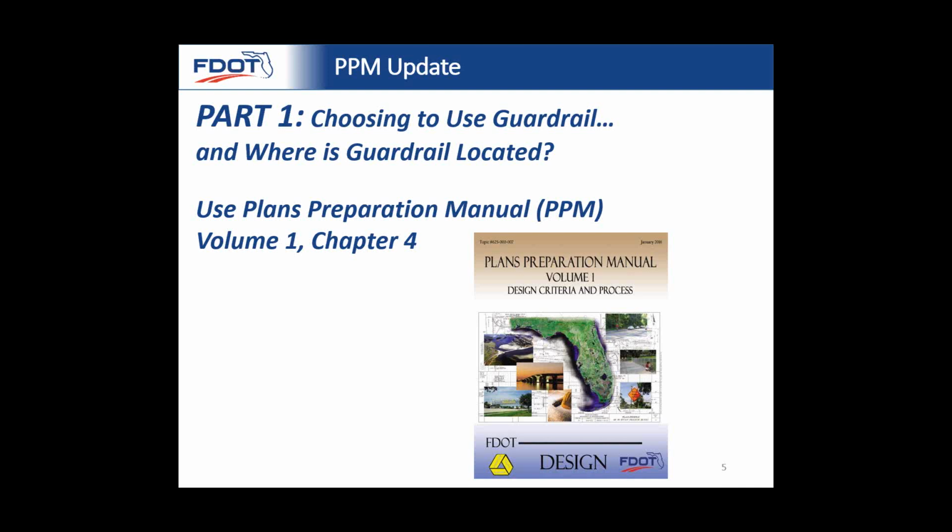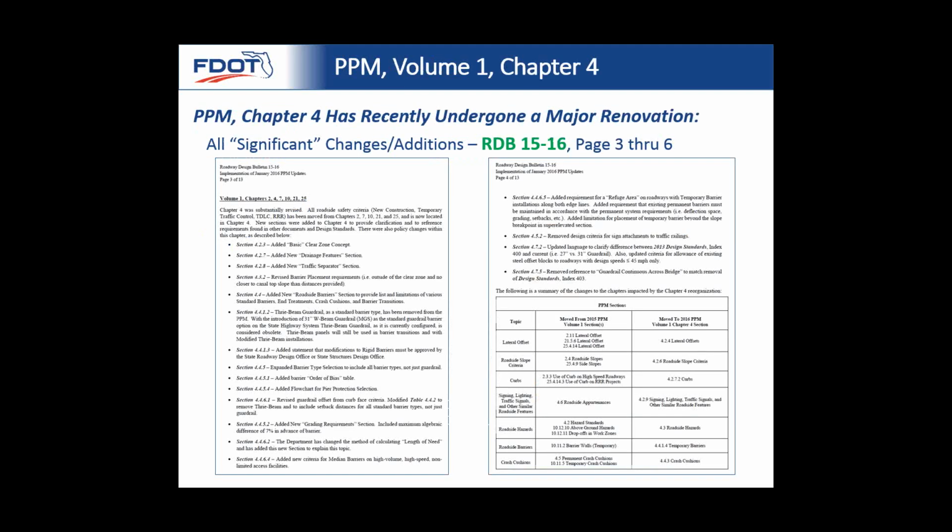Like Richard mentioned, all those changes we made had to do with dissecting Index 400 and putting things where they belonged. As we took a step back and looked at where we were going to put the criteria that was previously contained within the old Design Standard Index 400 for guardrail, we realized a larger need for revisions for Chapter 4 of the PPM in general, which covers roadside safety design. So we made a major renovation, a redevelopment of Chapter 4.